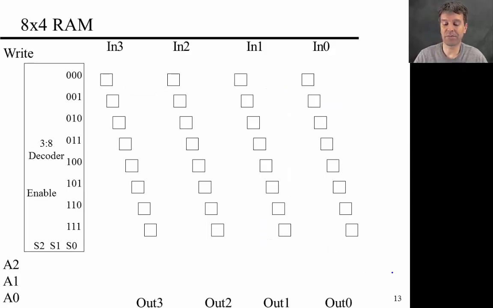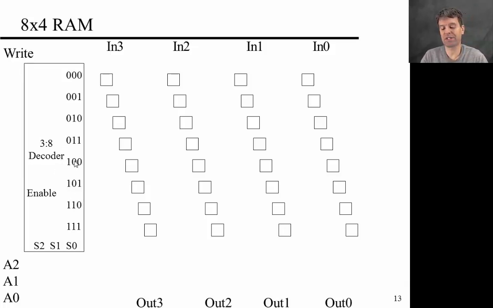Good. So let's construct a memory from the components that we've developed in class. We're going to start with writing, so we want to put new information into our memory. I'm going to use this decoder here.